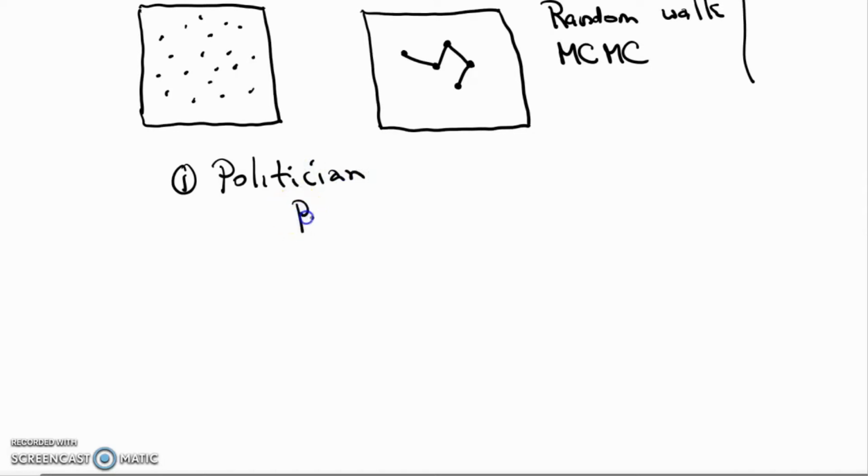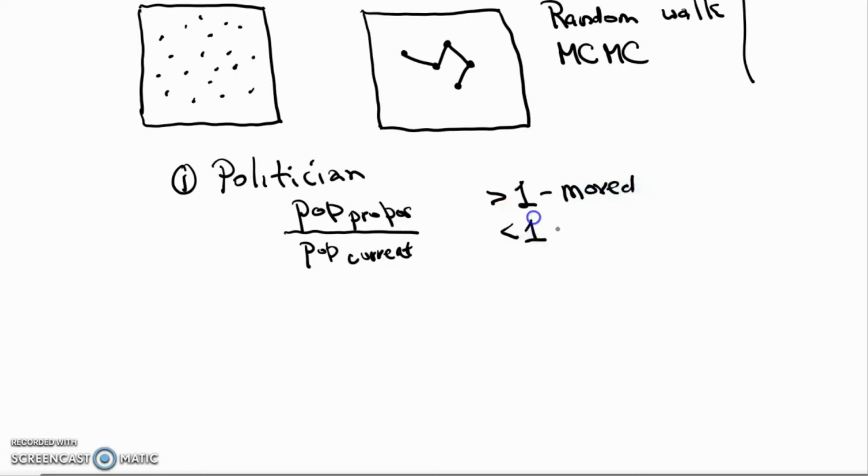And the algorithm that was used was, if you think about the population of some proposed island that the politician might move to, as opposed to the population of the current island on which the politician currently stood, well, if that ratio was greater than 1, then they moved. If it was less than 1, well, maybe they moved, maybe they didn't move, but the probability of moving was proportional to this ratio.